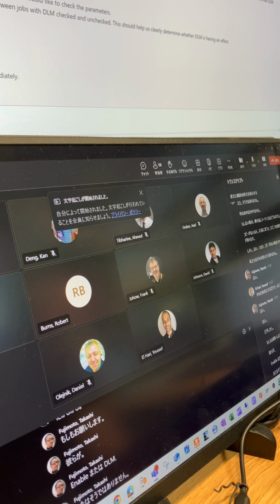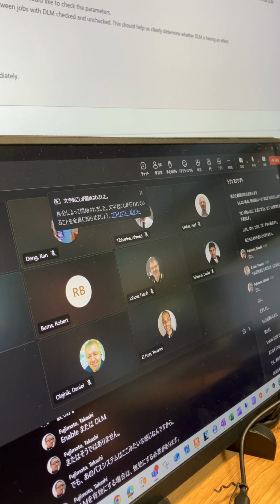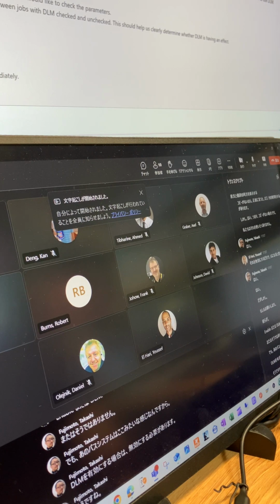If they enable the DLM, we need to disable it, because they are running the transaction job, not the books.